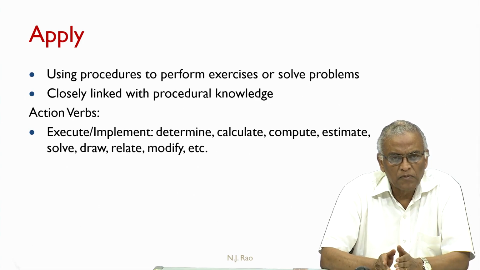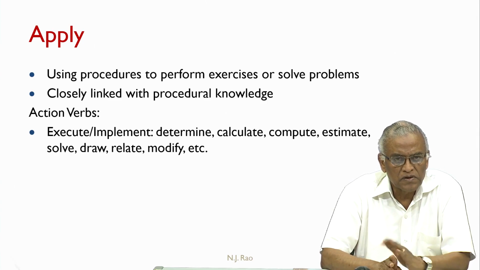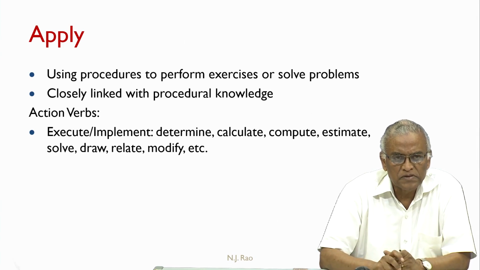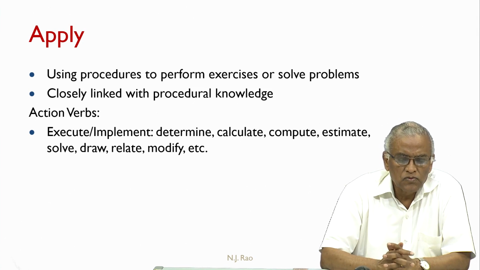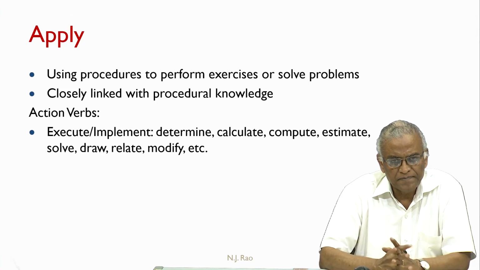When we solve a problem, we give a series of steps and one must be able to perform those steps. That is application. And it is also closely linked with what we are going to consider later, the procedural knowledge. And now there are 2 sub-processes under apply. One is execute, the second one is implement.